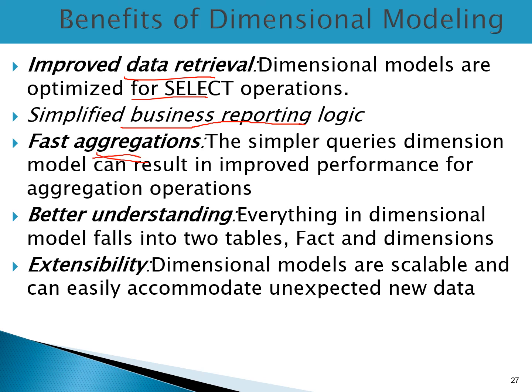With simpler queries, the dimension model can result in improved performance for aggregation operations. We can get fast aggregates using this schema, and it is simpler. That's why it has better understanding. By just looking at the schema, you can have a better understanding of the business.